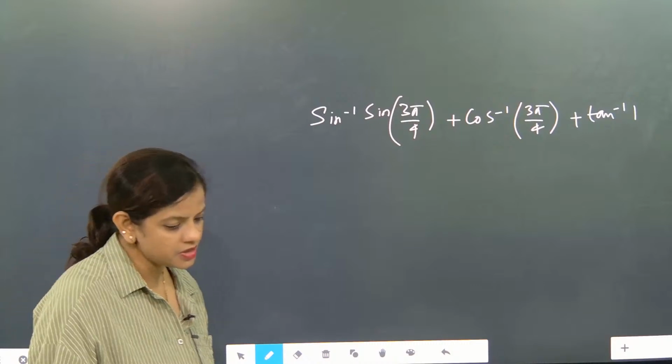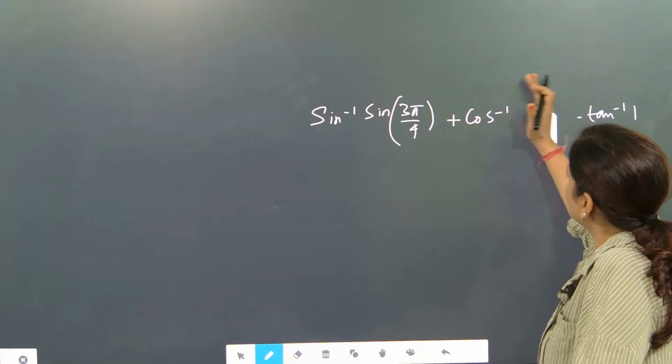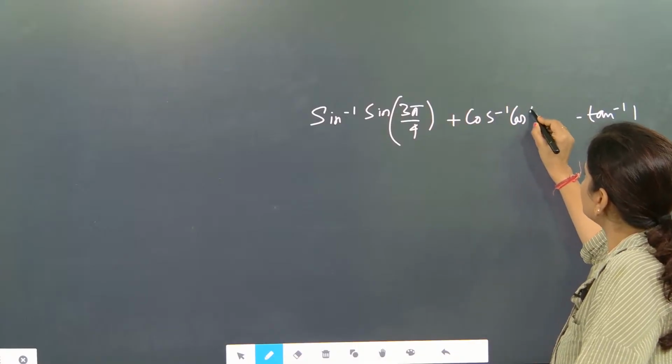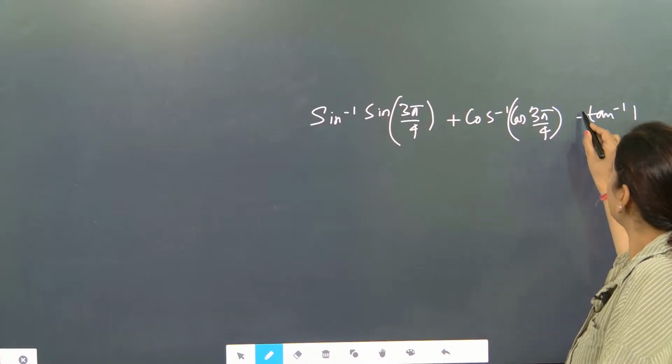Cos inverse, yes, that's what. Cos inverse cos of, sorry beta, cos inverse cos of 3 pi by 4. This is the question, plus tan inverse.